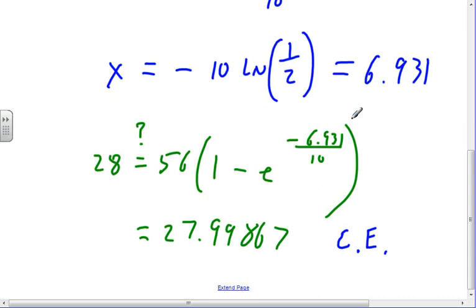All right. So we'll do 52 next, and then move on to the next section. 52. All right.